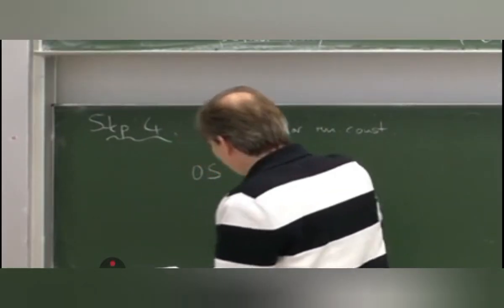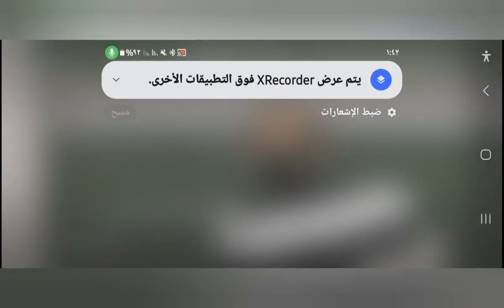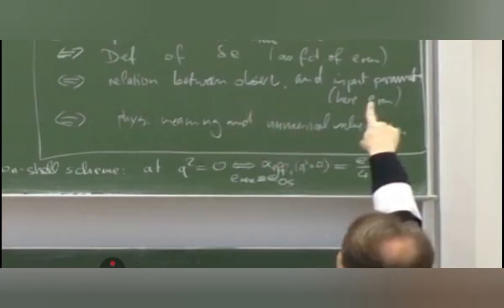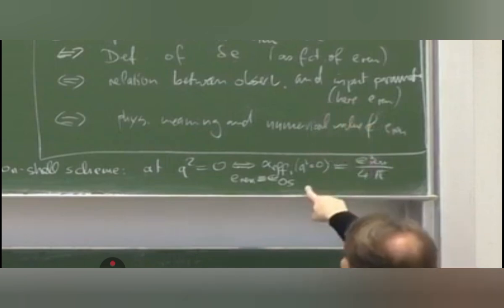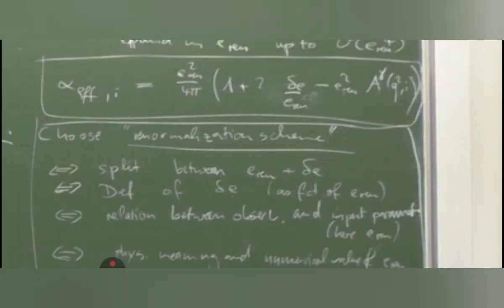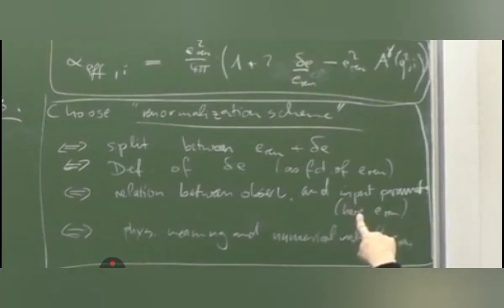So in the on-shell scheme it means we have to look at step 2. In step 2 we have written down our general observable given in terms of the delta E. When we now require that for q square equals 0 all the loop corrections vanish, then it means that the terms in the round bracket, 2 times delta E over E minus the other thing, must be 0 for q square equals 0.